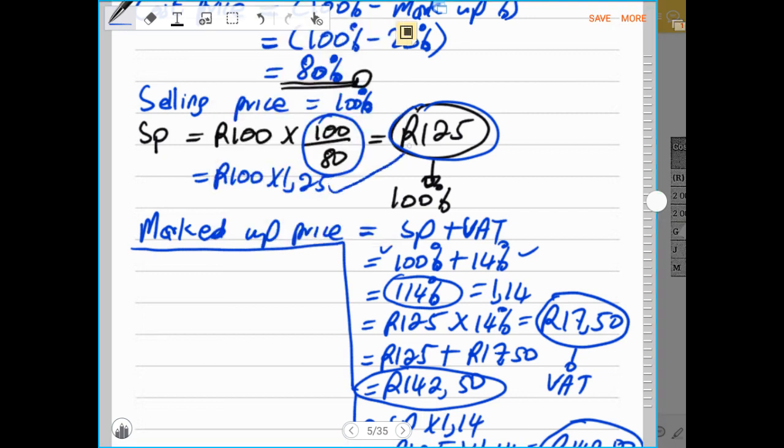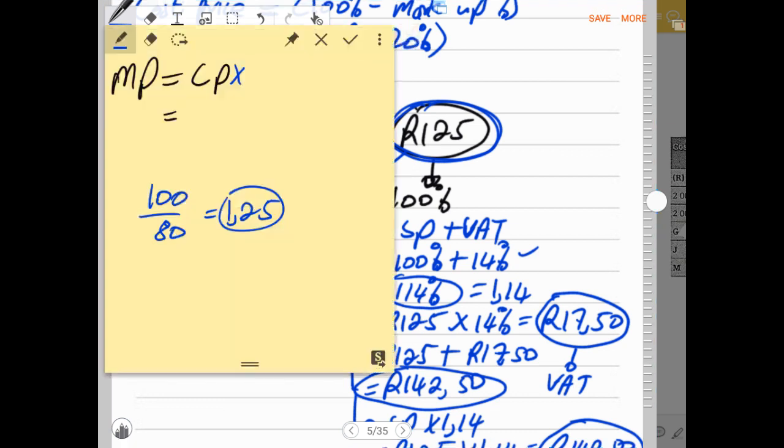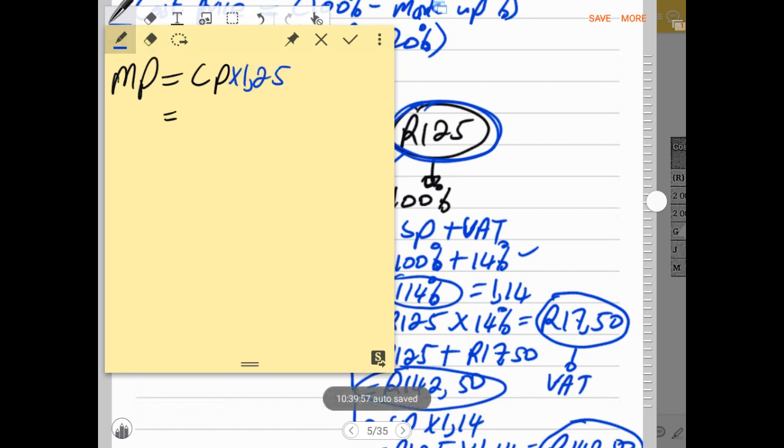That means we get the same 125 in a very short way. So now that tells us that in order for us to get to the selling price, we would have said cost price times 1.25, and this will give us selling price.